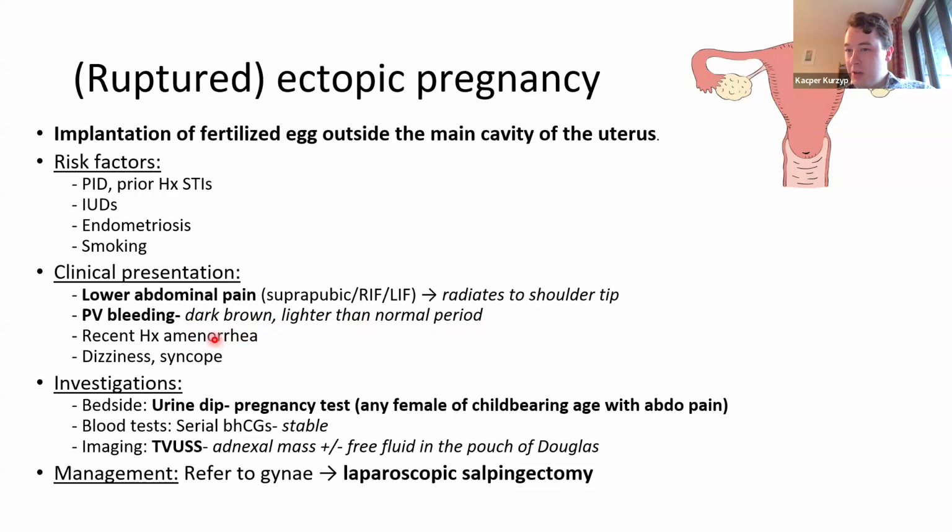Recent history of amenorrhea, typically 6 to 8 weeks. This is roughly how long the ectopic can develop in the fallopian tube before it starts to stretch it and cause pain. And then we have dizziness and syncope if it has ruptured and our patient is bleeding into her abdomen.